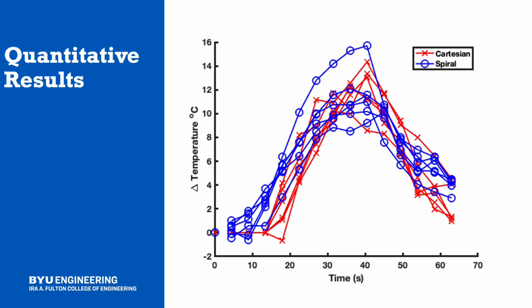The temperature trajectories of the spiral sequence appear to be a little bit smoother, reflecting the higher temperature SNR and better temperature precision of a volumetric sequence, as well as some potential smoothing in the temporal direction. However, the peak temperatures in the spiral sequence seem perhaps a little bit lower than the Cartesian sequence.